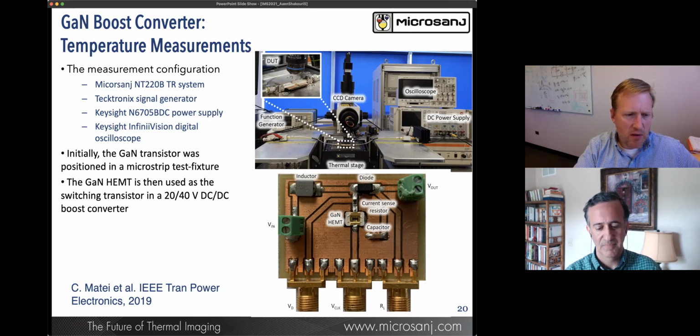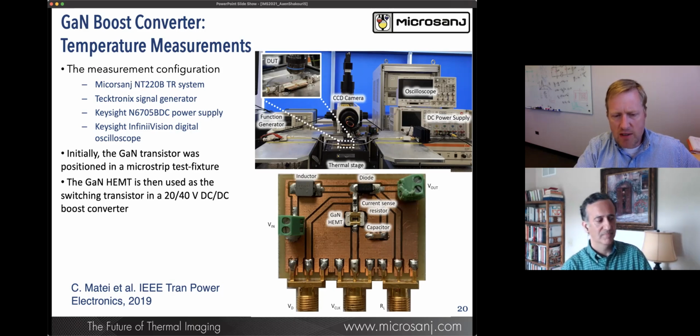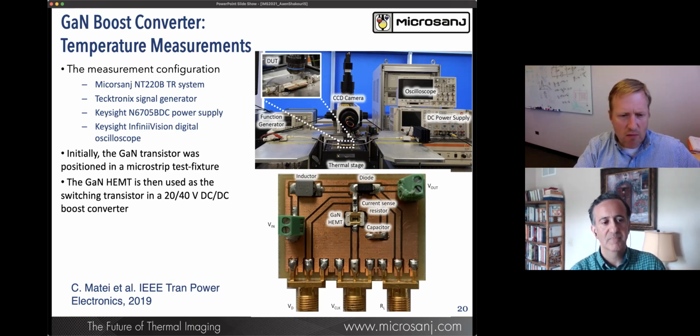The idea here was to create a 20 to 40 volt DC-DC boost converter. And he was able to find an example of this in the literature, reconstruct and design this device. And then we went ahead and implemented this with the thermal stage that I'm showing in the image above, the CCD camera, connecting an oscilloscope and a power supply.